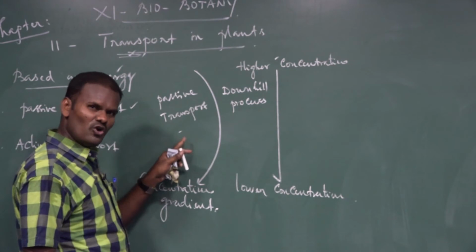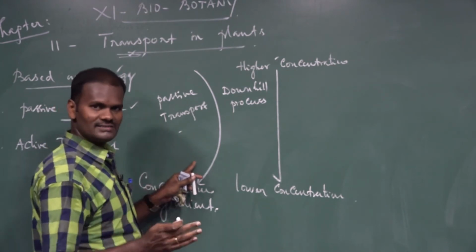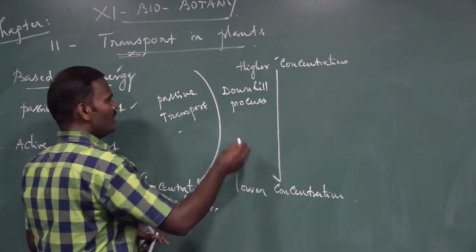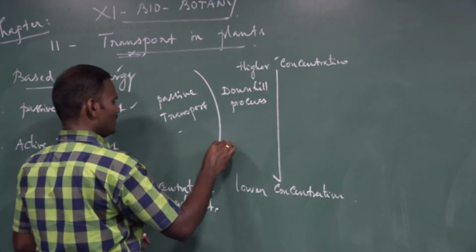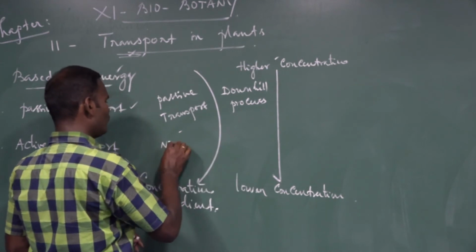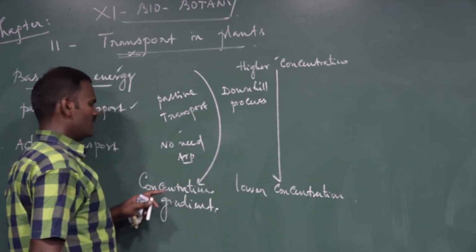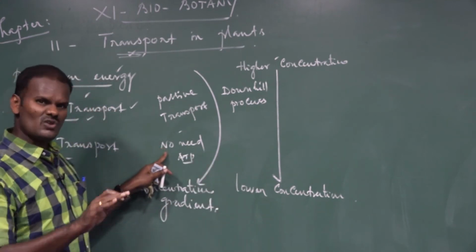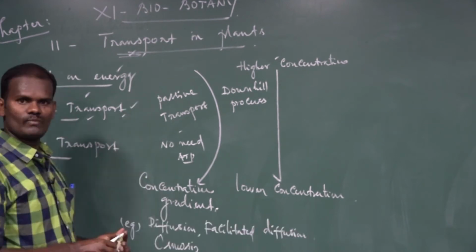Of course it is a slow process, passively transported only over a short distance. It is also called downhill transport, and there is no need of ATP. Remember, energy expenditure is not essential for this transport.